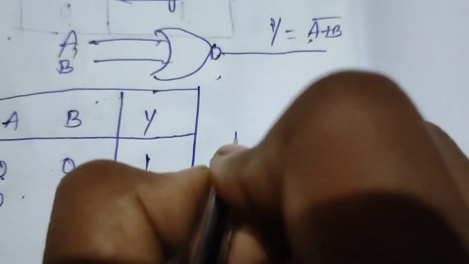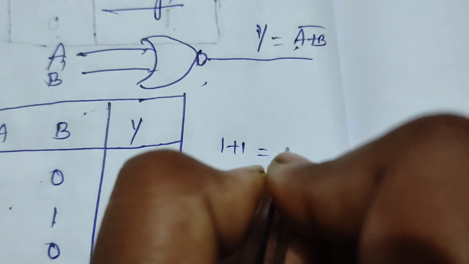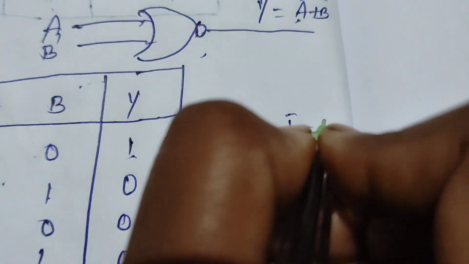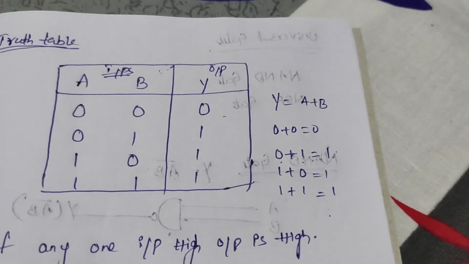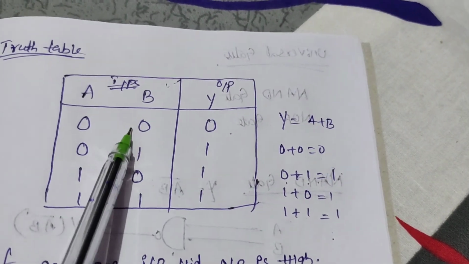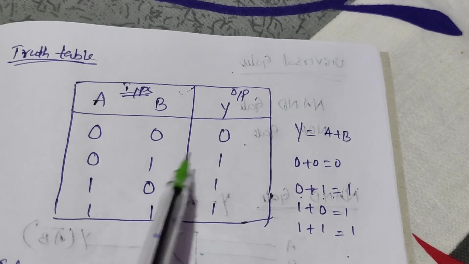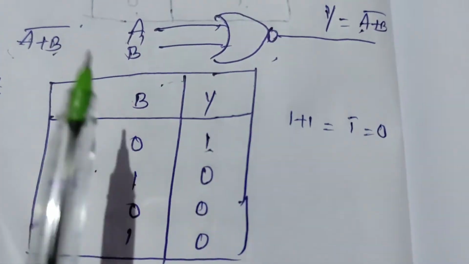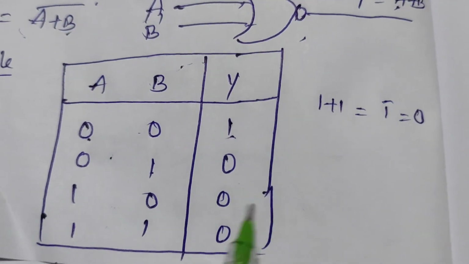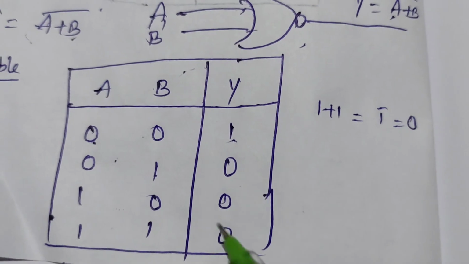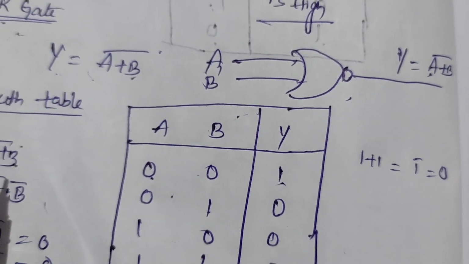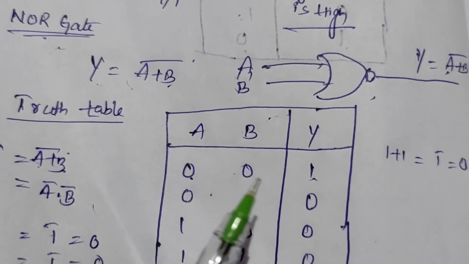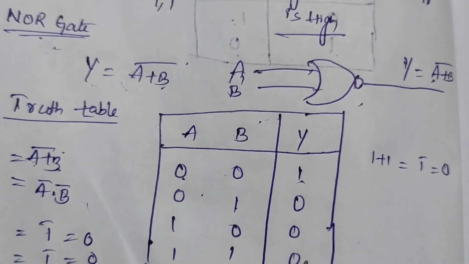And next 1 plus 1 is 1, the complement of it is 0. So this is the complement of the OR gate. See here, in the OR gate, if all the inputs are low the output is low, and if any single input is high the output is high. Whereas in the NOR gate, if all the inputs are low the output is high, and if any single input is high the output is low, as the equation decides the operation of the NOR gate.